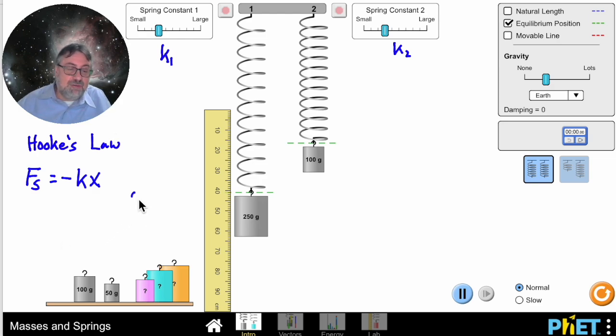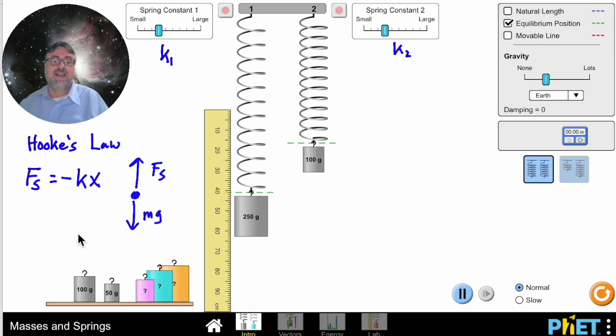Right now, I have a force of gravity pulling down on the spring, and the spring force pulling up is equal to minus kx. The reason for that negative sign is it just means it's opposite the direction of the stretch, x.